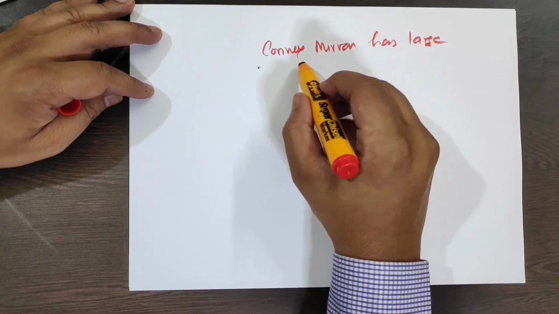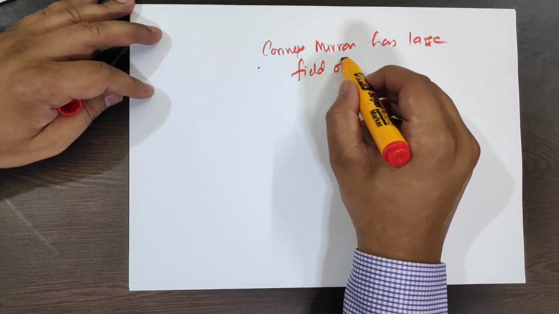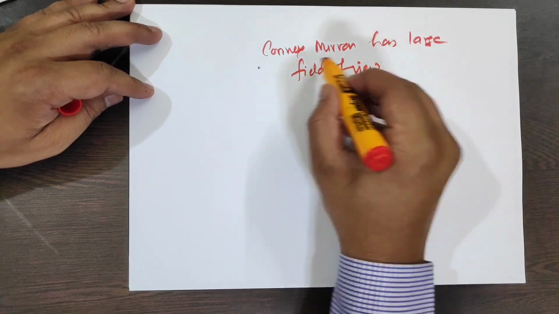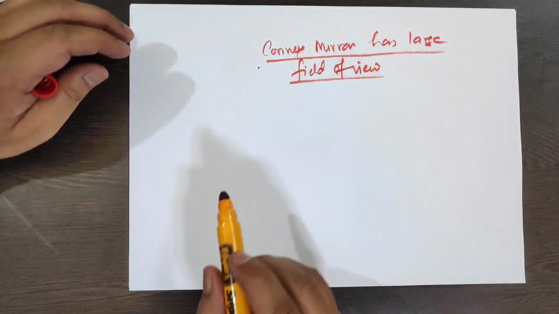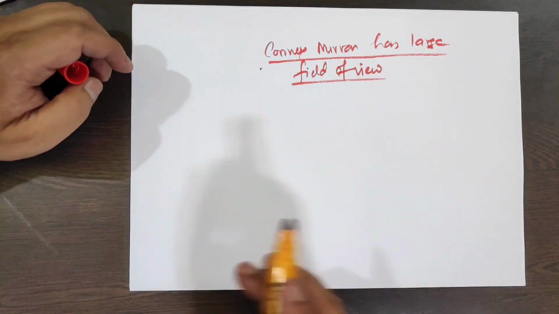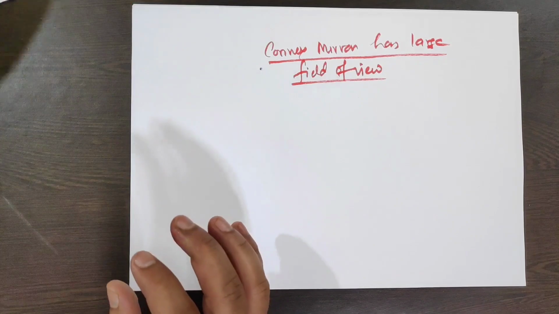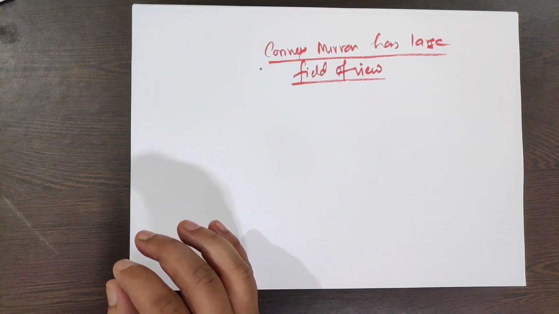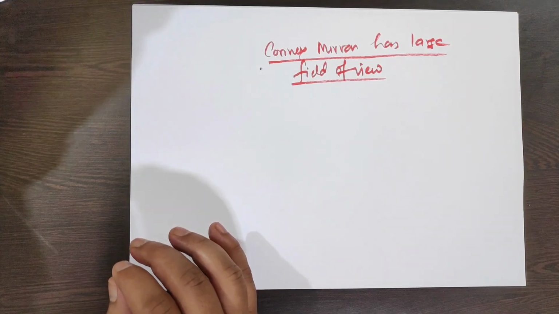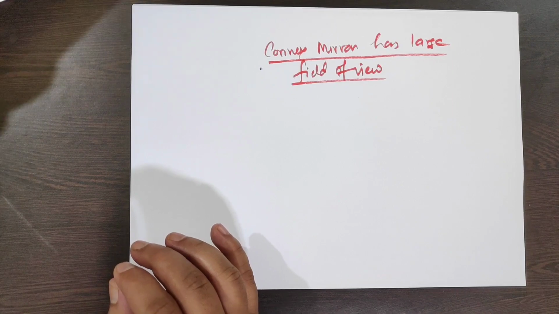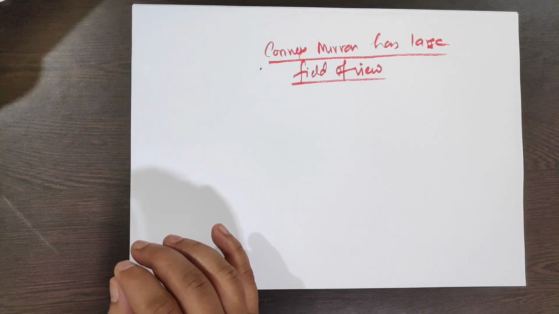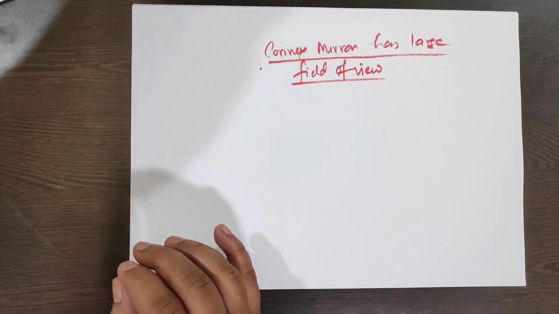Convex mirror has a large field of view. That means in the small dimensions of the mirror, as I told, you can fit in many things, and this means the field of view of the mirror is very large.